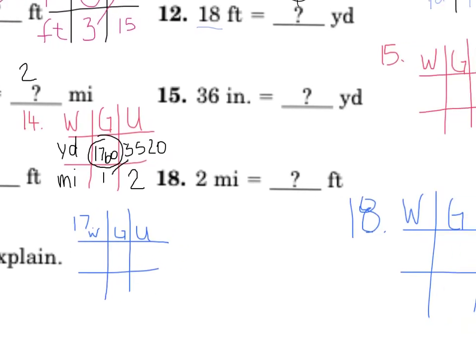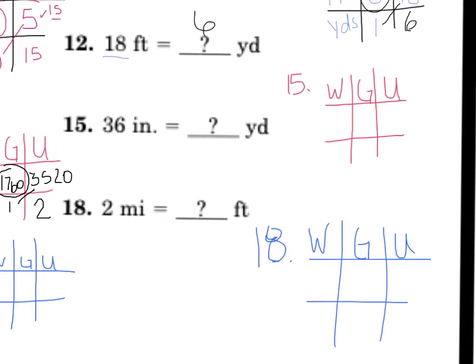Okay, number 15. 15 is a little bit different because inches and yards is not on the math chart together. They have inches and feet and yards. So your first step is to change 36 inches to feet.